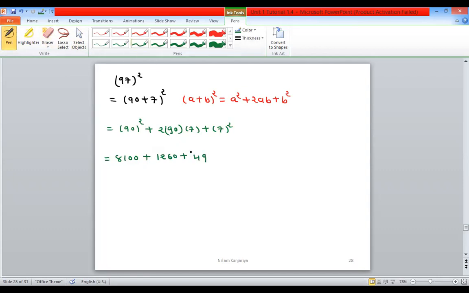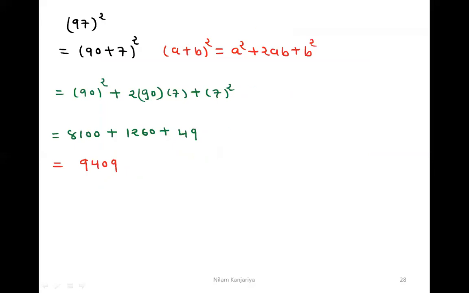Take the sum of all. So it gives you the same answer, 9409. So if you use any identity, the answer will be the same. There is no change in the answer.